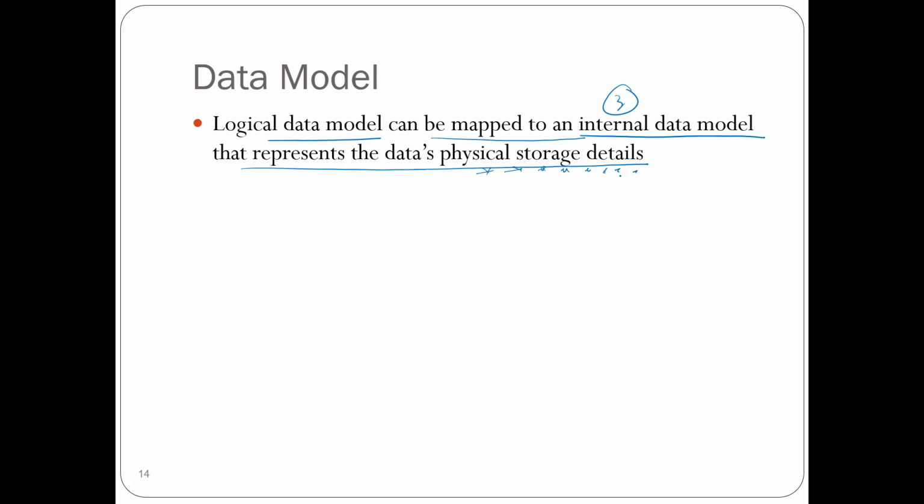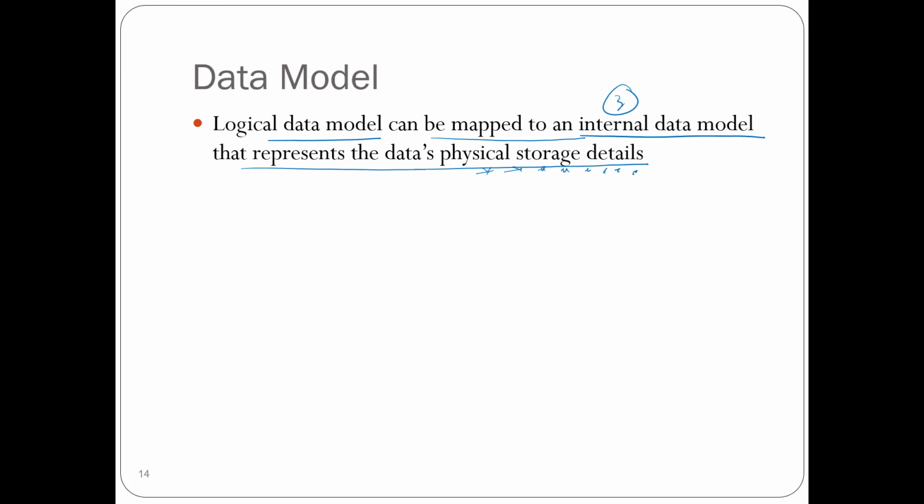Guys, the reality doesn't change. The reality is that the data is to be stored in bits and bytes, and that will be stored in the storage device, secondary storage device, right? But developing an application or developing a system, I would say, a database system, while thinking about the storage at the level of internal data is going to be an extremely inefficient and cumbersome process.